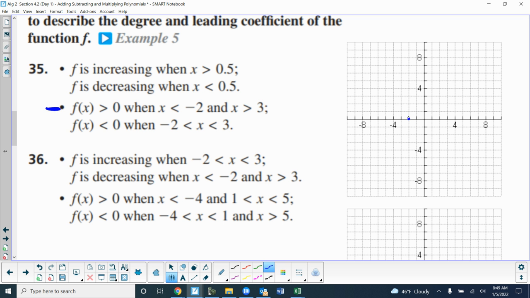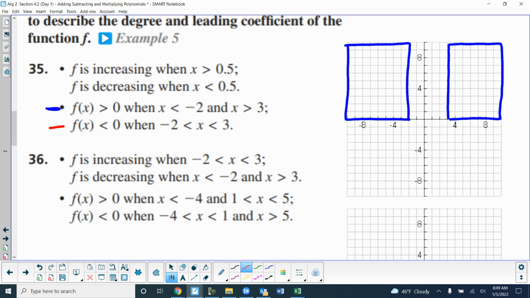So here's -2. So this boxed area, where I highlighted that yesterday, and all values of x greater than 3. So here's 3, and then greater would be this area. That's the positive part, the greater than 0. All right, the negative part, red part, is between -2 and 3. So that's that part. Okay, you with me?